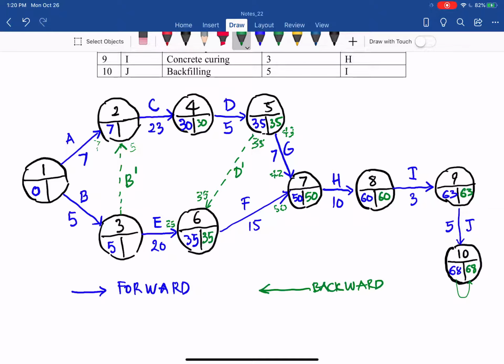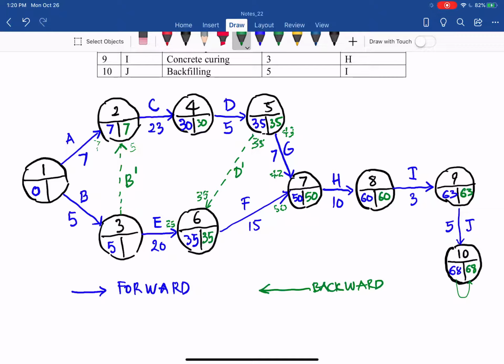So which one we go to C, and as you can see, now we can go C to 4 to 2. Node 4 is 30 green minus 23, so you have 7. 30 minus 23, 7. And then you have 2 arrows going out of node 3.